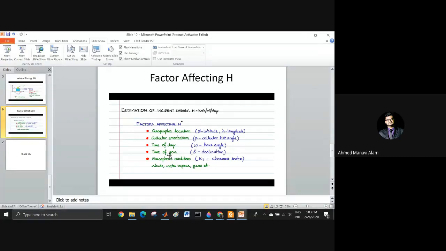Then comes the time of the year. This is also important because now in Bangladesh it is summer, so the sun is scorching hot. But whenever it is winter, the sun will not be scorching hot. So the PV output will not be the same in July of 27 or December of 27.